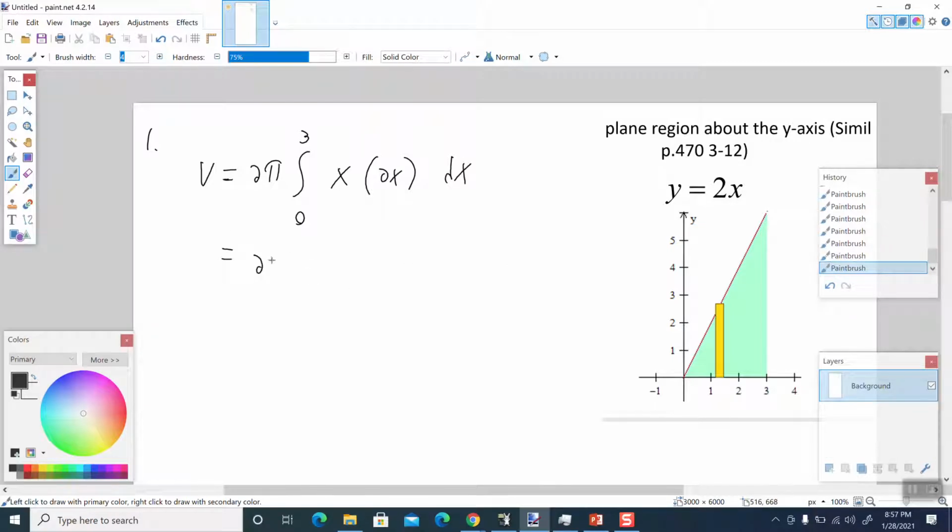I could probably do this one. 2x squared, so 2/3 x to the third, 0 to 3. That's 27 divided by 3 is 9, times 2 is 18, 36 pi.